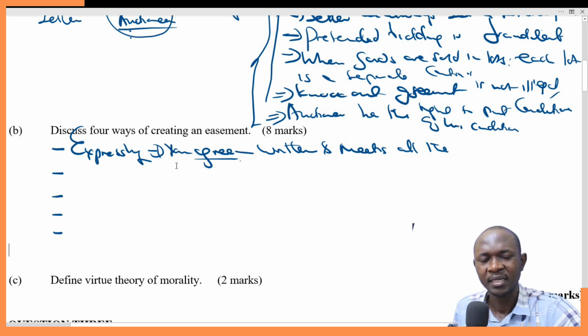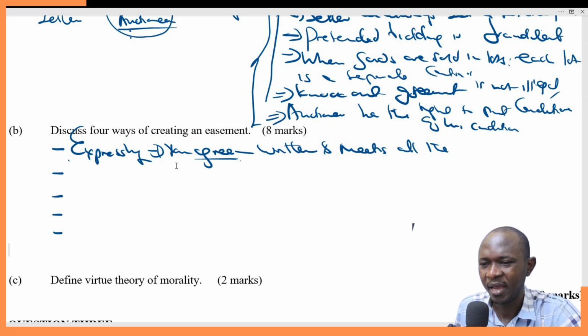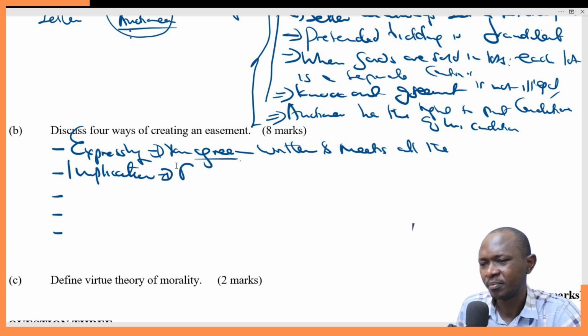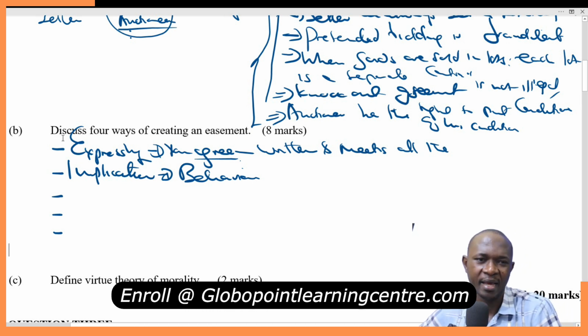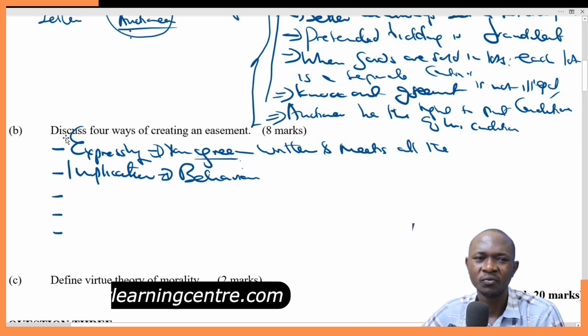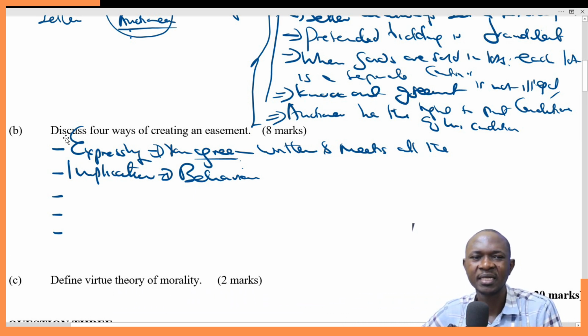What we mean by implication is simply behavior. If we've been behaving in a manner to show that the other party can use this piece of land, or he has been using a certain piece of land for quite a long period of time without any problem, then by our behavior or our code of conduct, it simply shows that we have allowed that particular behavior to go on.